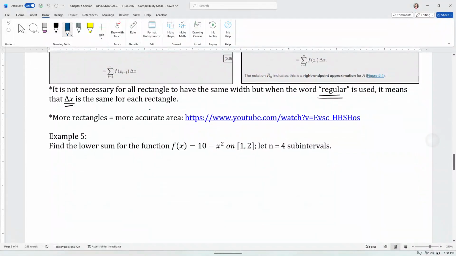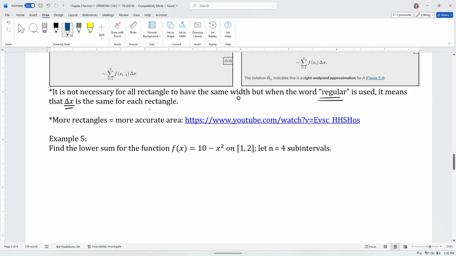Something to note is if we wanted to talk about the accuracy of our areas, and if we wanted to make our approximation more accurate, we would need more rectangles.